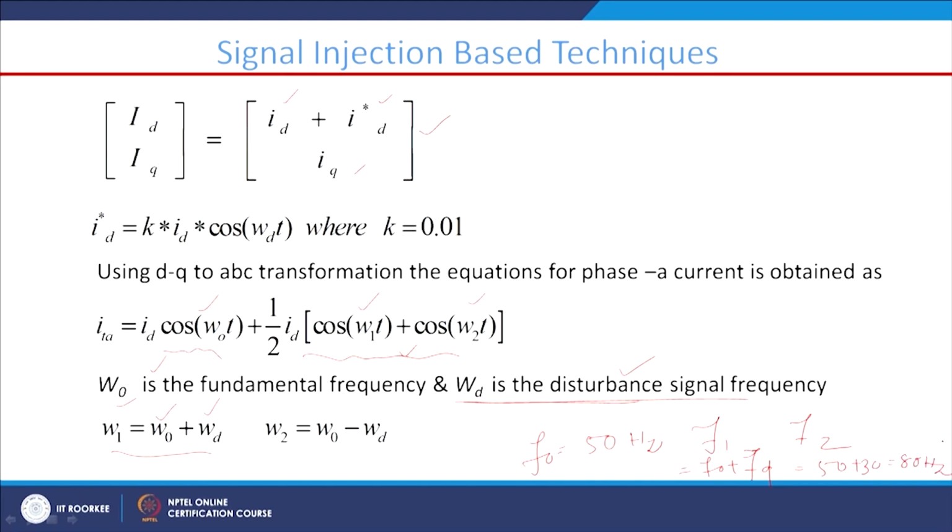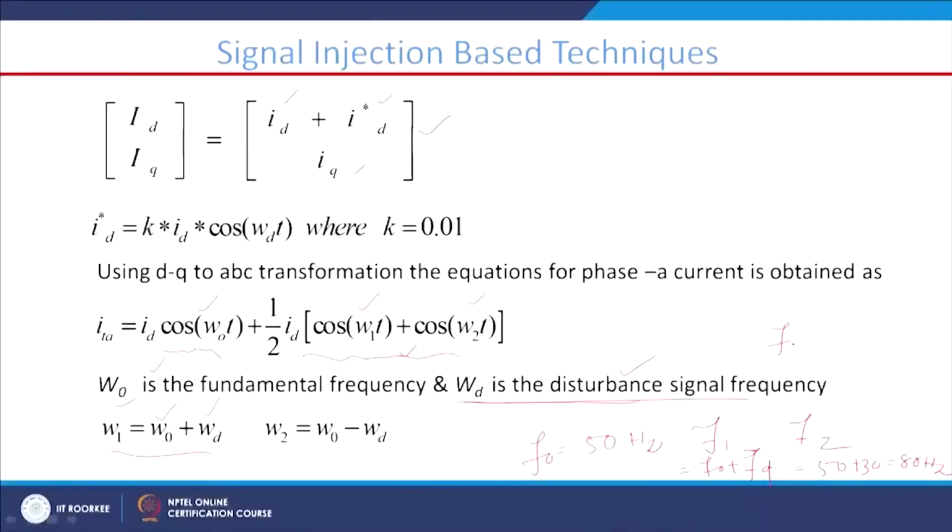80 hertz. That is the upper limit of this disturbed phase A signal, because I have already injected a disturbance signal into my controller as far as the d axis is concerned. Next, this particular f2 is equal to f naught minus fD, that is 50 minus 30 is equal to 20 hertz.